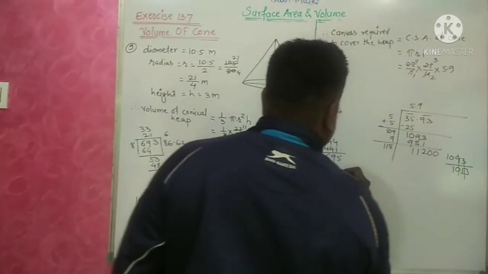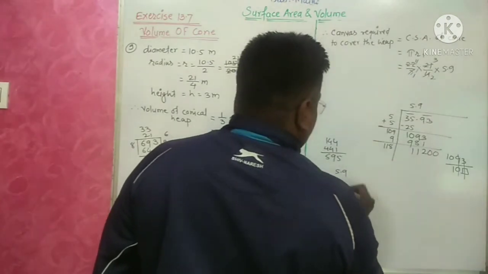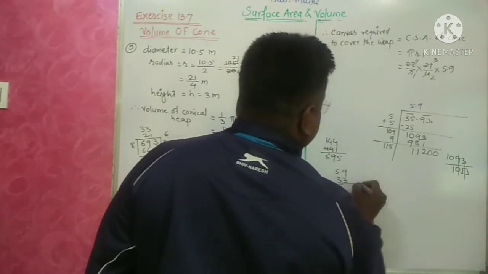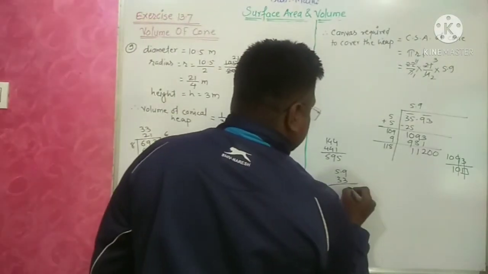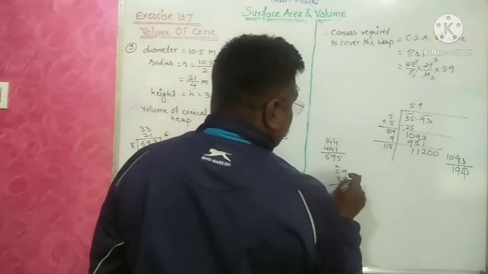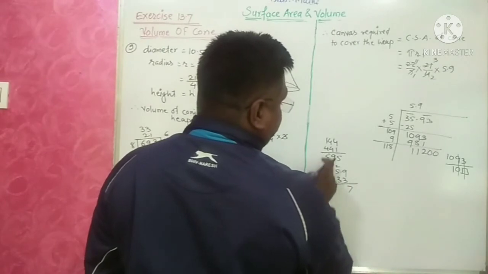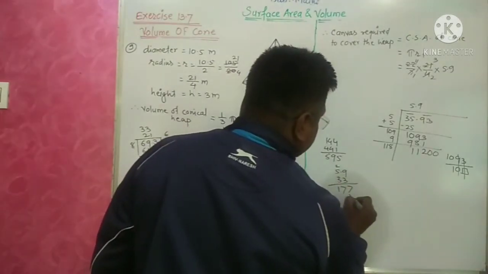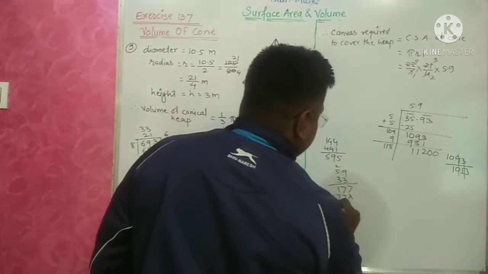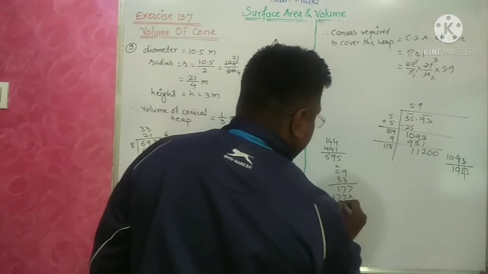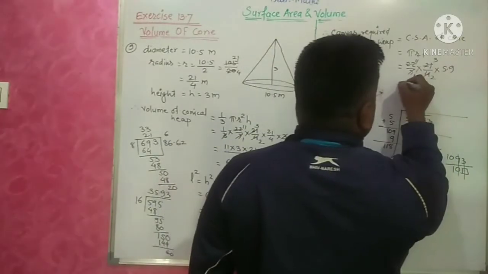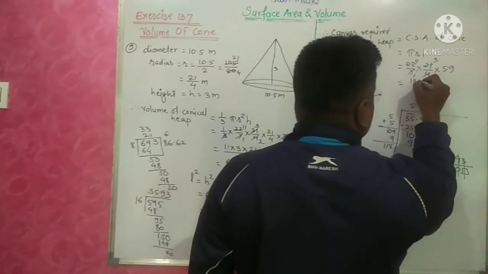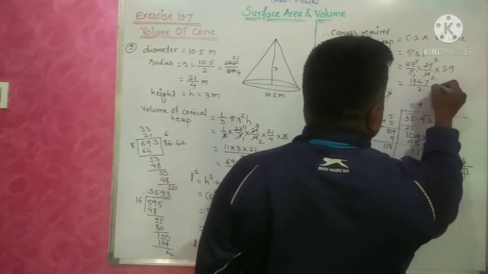So what is 5.9 into 33? 3 9s are 27, 3 5s are 15 plus 2 is 17, 1 7 is 7, 1 7 1 7 14, 9 1. So 194.7 by 2.